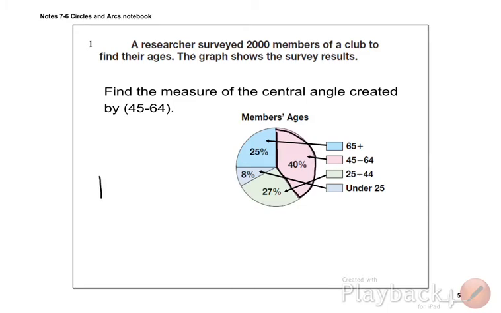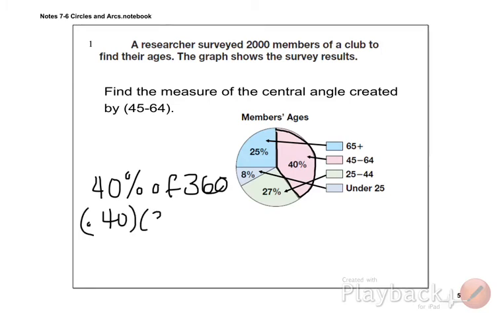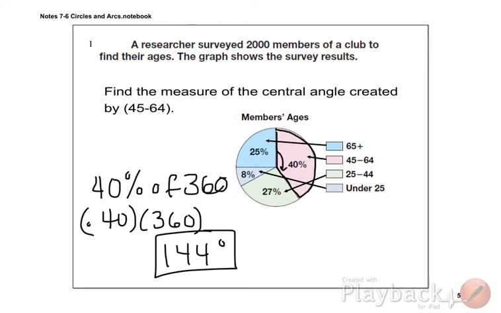It's going to be 40% of 360. So that's 0.40 times 360. Let's calculate that. I got 144 degrees for the measure of that central angle right there.